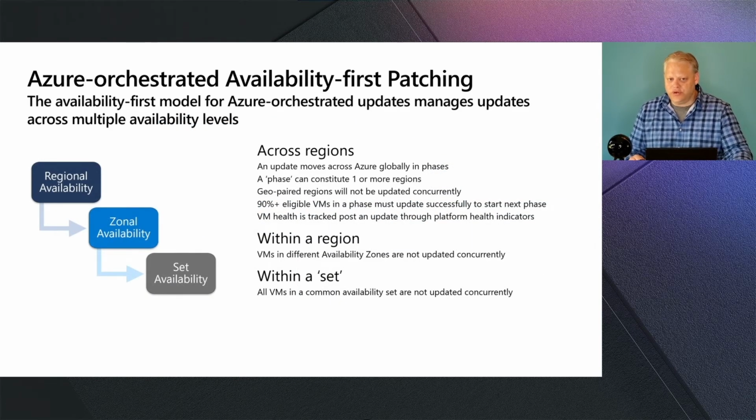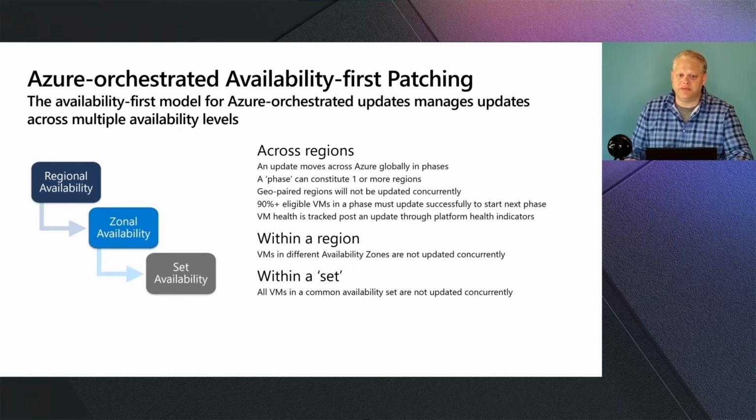Now, the way that we do this and the way that we roll out updates, and this applies both to platform updates as well as the VM updates, is through an availability-first patching model. And so as you can see here, when we have a new update, let's take VM patching.